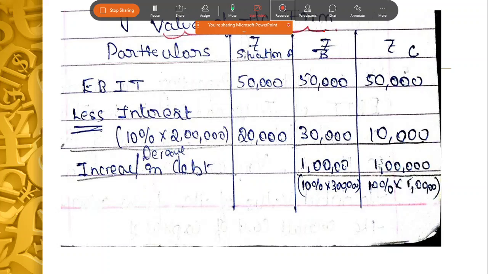Now, what has been given? Earning before interest and tax has been given. What we should remember is that earning before interest and tax is similar in all three situations, and they have directly given it to be 50,000.